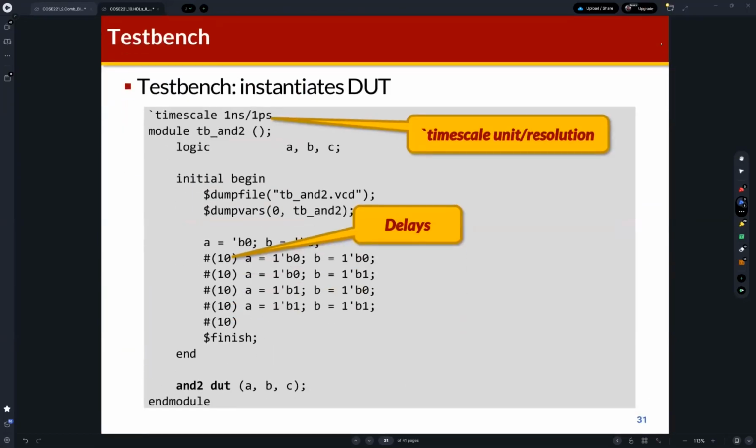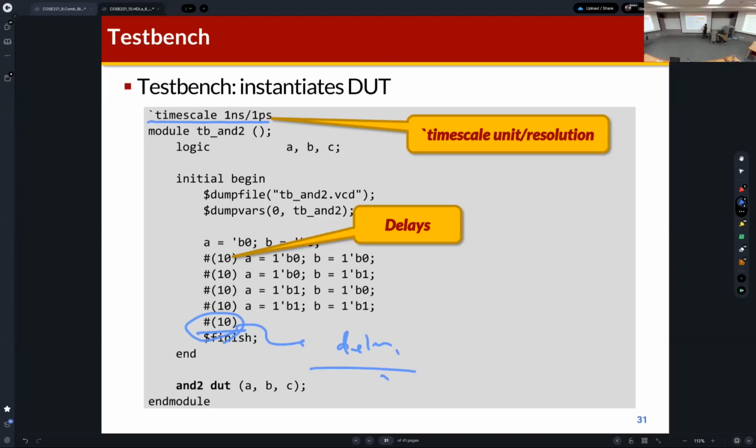This is the testbench code of the module M2, and you can find that the hash and number here represent the delay. Also you can find the timescale here.